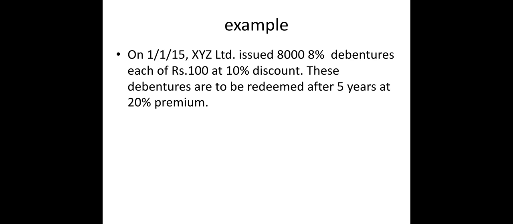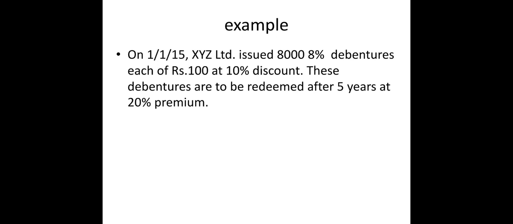So 100 is the face value and 10% of 100 is 10 rupees. 10 rupees is the amount of discount. And after 5 years, we are going to redeem it at 20% premium. So we will pay 120 after 5 years. Okay, students, so let's journalize it.